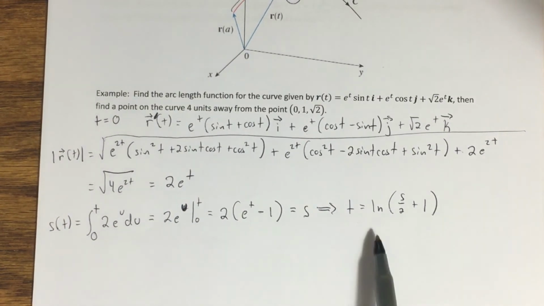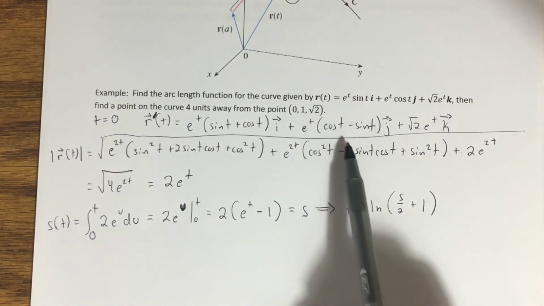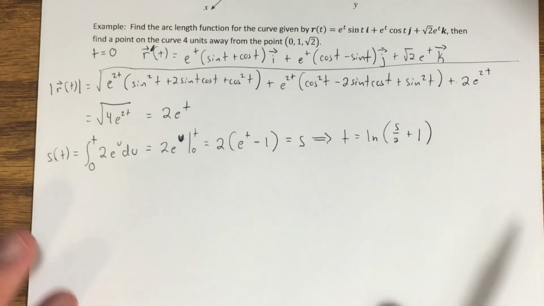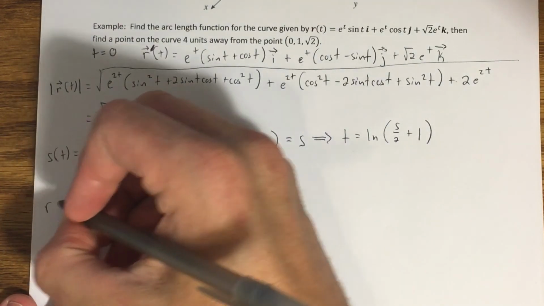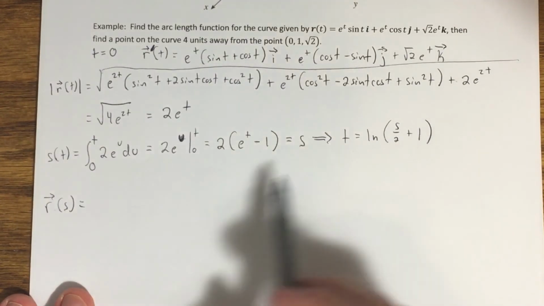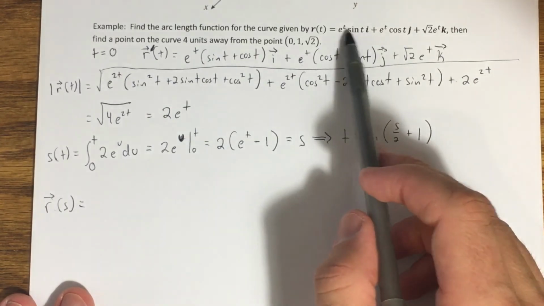Well, the next thing I want to do is parametrize my function up here, r of t, with respect to s. Now that will make it look a lot messier, but that's okay because it allows us to do the second part of this problem more easily than we would have been able to do otherwise. So r of s, what I need to do is substitute this expression in for all of the t's here.